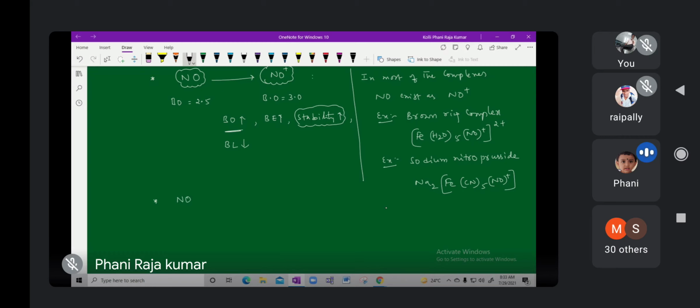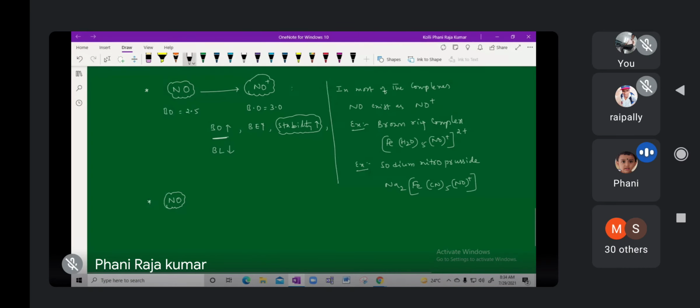And that means this NO, like other ligands, supplies 2 electrons. In addition to that, it is supplying an extra odd electron also. That's why it can also act as a 3 electron donor.